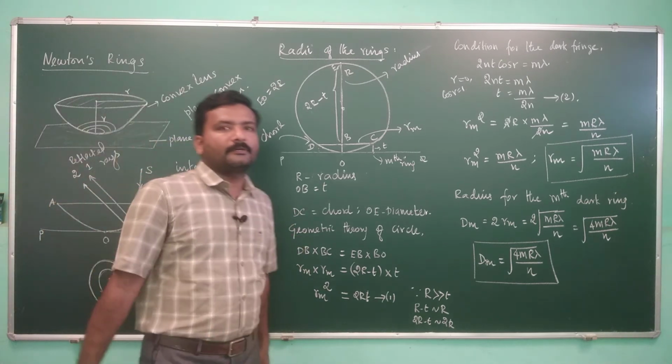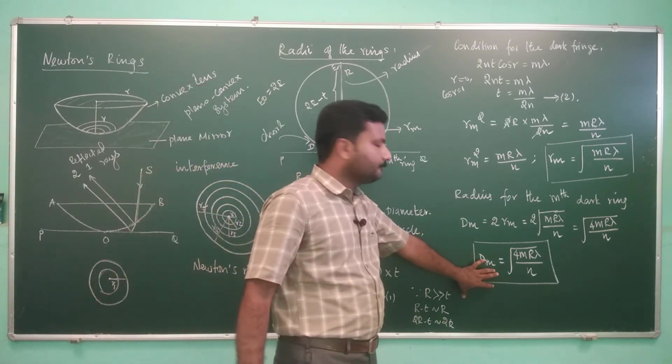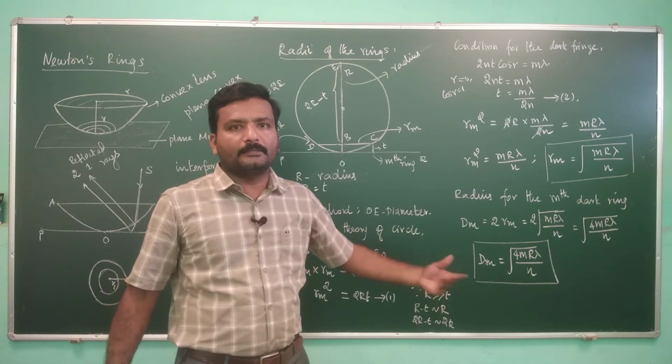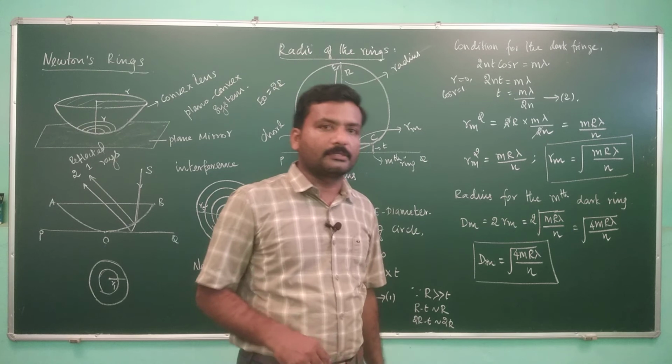And the next part of this discussion is, using this formula, we are going to discuss an experimental procedure to calculate the wavelength of a monochromatic light source given to us.